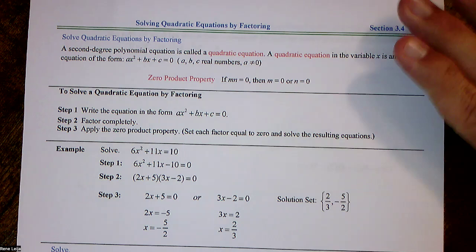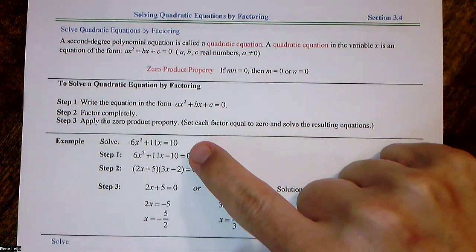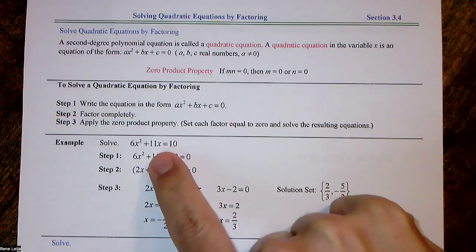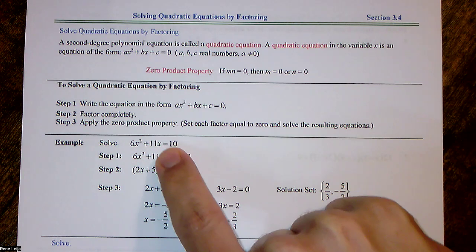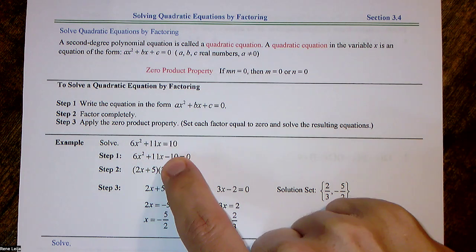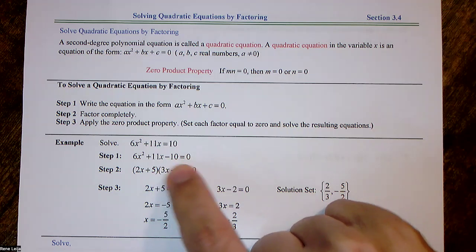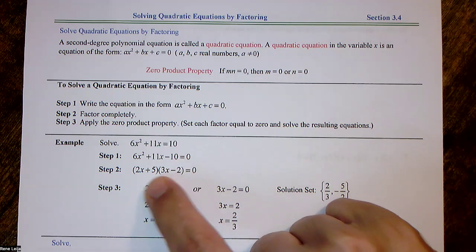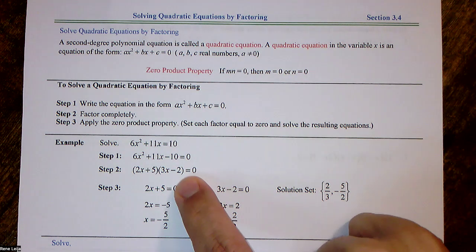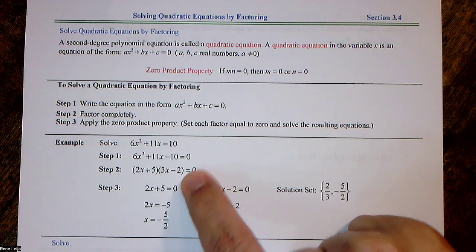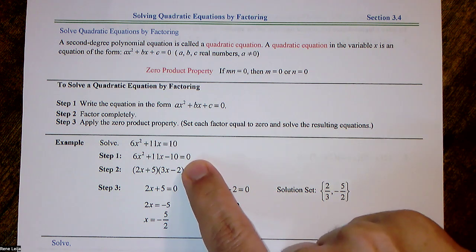So here's an example that they gave. 6x squared plus 11x equals 10. This is not in quadratic form because it equals 10, but that's an easy fix. So subtract 10, set it equal to 0. They factored it. Notice how it's still equal to 0. If you don't have this equal 0, well, then it's not an equation and you can't solve it.